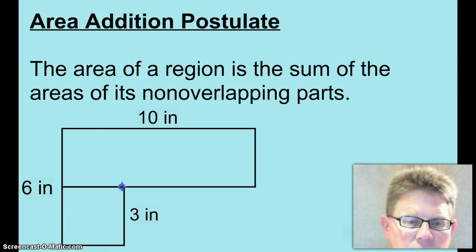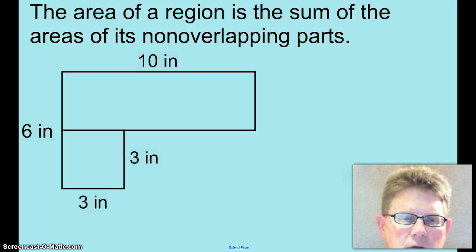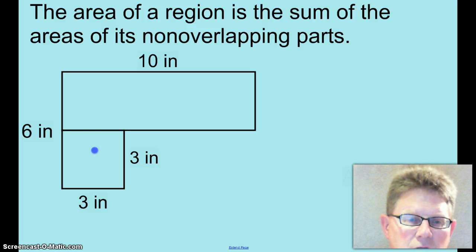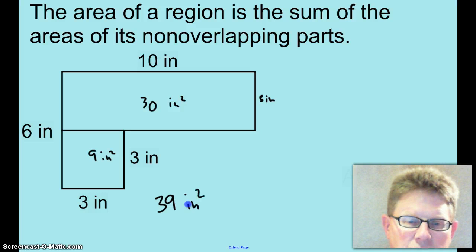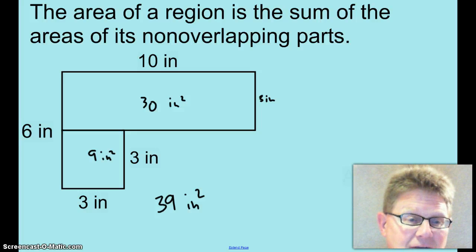If we would have done it like this, then the area of this little square here is 9 square inches, 3 times 3, and the base of this is 10 and the height is 3 inches there. 10 by 3 is 30 inches squared. Hey, look at that. The area of the composite figure is 39 square inches. So it doesn't matter how you cut it up, as long as you cut it up into shapes that you can find the area of.